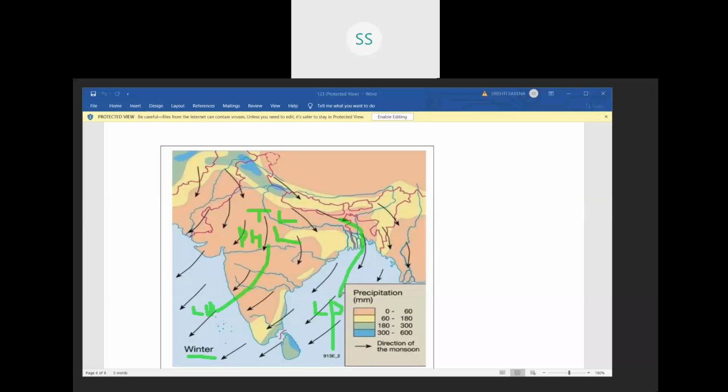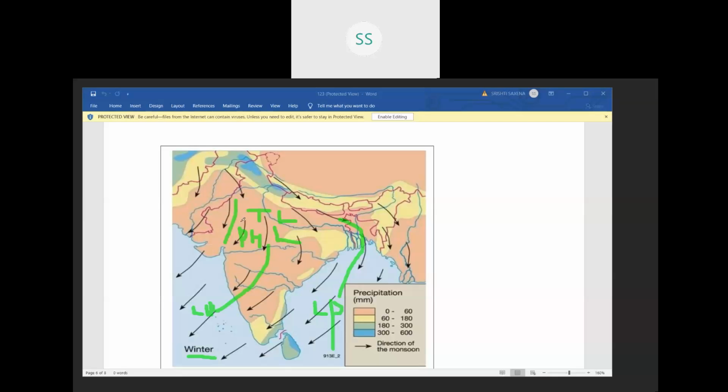Now, let's do the points quickly. Withdrawal of monsoon begins in the northwestern states of India by the month of September. In the beginning of September, the winds start moving back a little bit. Not that they have completely gone back, they have started going back. By mid-October, that is the 15th of October, and now it is already the 12th of October, you can see the temperatures have started declining.